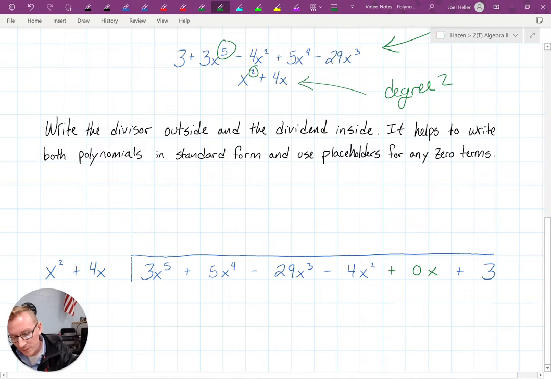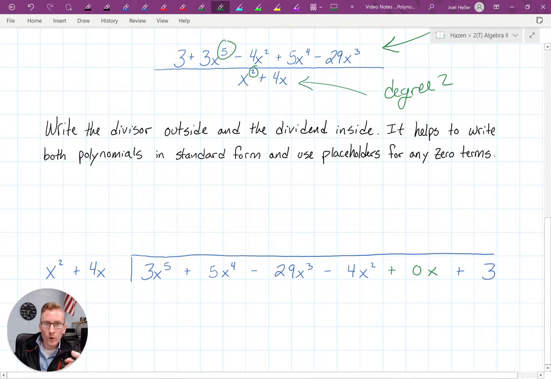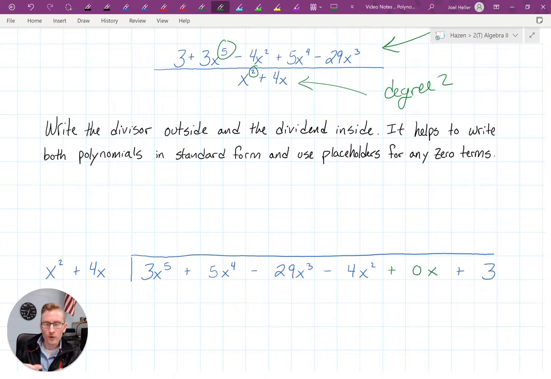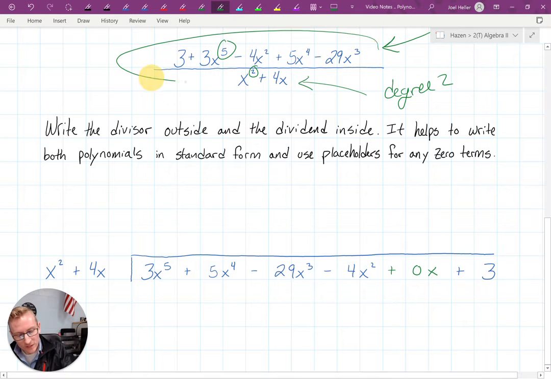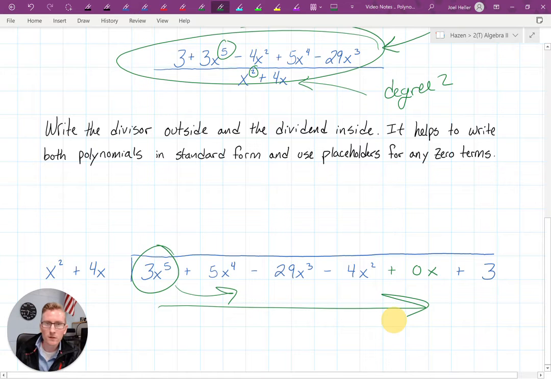Now, when you do this, it's helpful to write these in standard form. Standard form being the highest degree going down to the smallest degree. So I rewrote this expression so that I've got x to the 5th first, that's my biggest degree. And you notice the exponents decrease as I move from left to right.